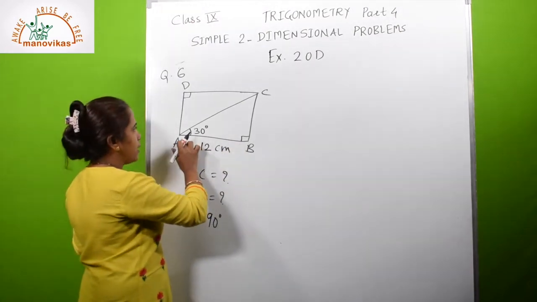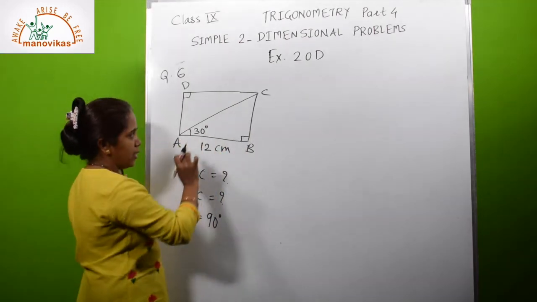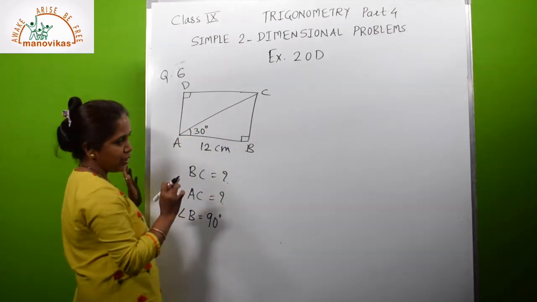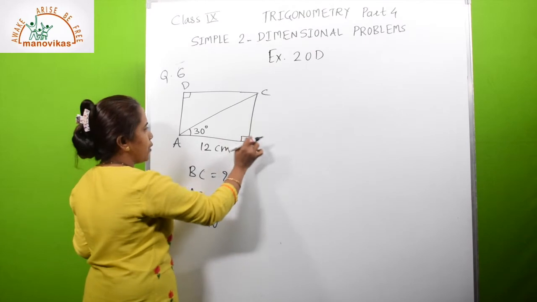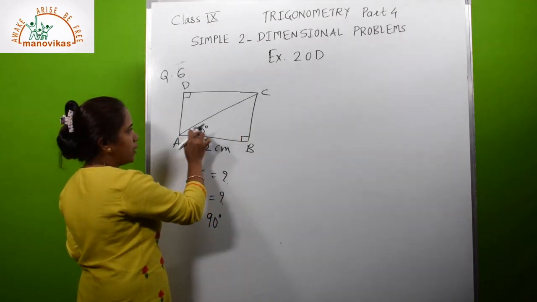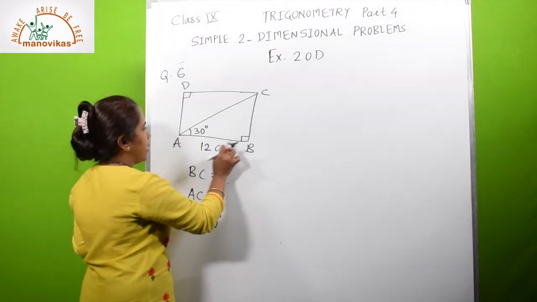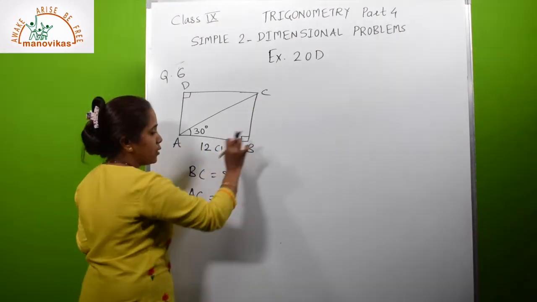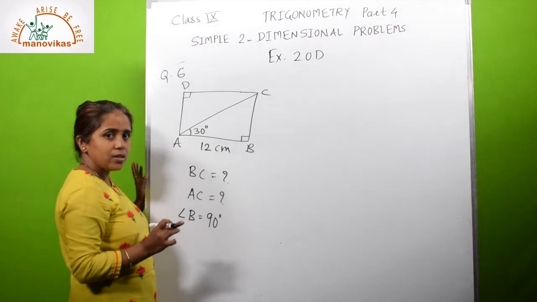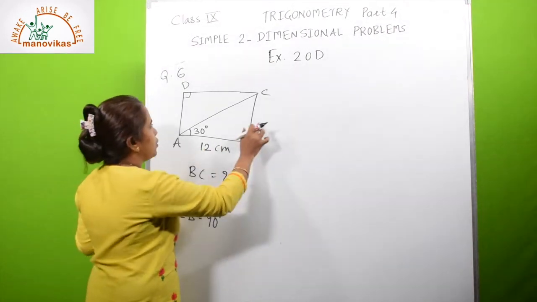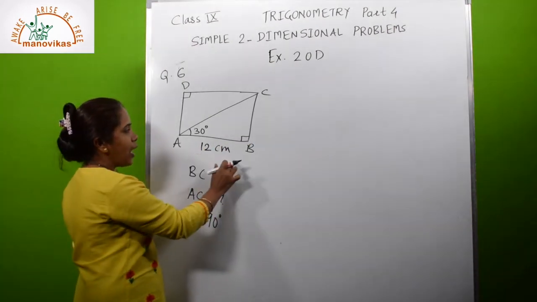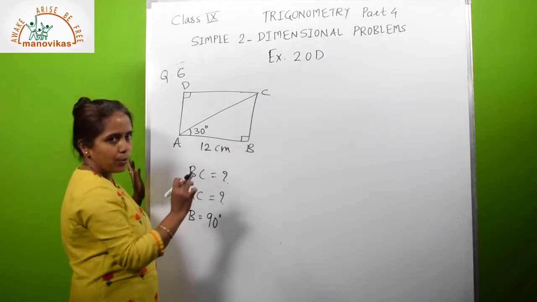Now here angle A 30 degree is given, AB is the adjacent side for the angle A. B is 90 degree, so diagonal AC will be the hypotenuse. Now BC we have to find; for angle A 30 degree, BC is the opposite side. So when the adjacent side is given, we have to find the opposite side. Means which ratio are we going to use, related to the adjacent side and the opposite side?